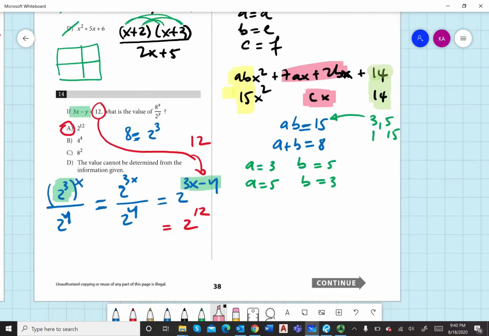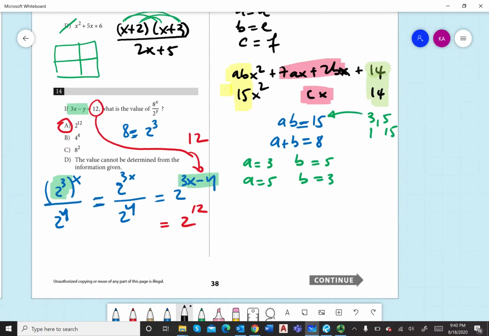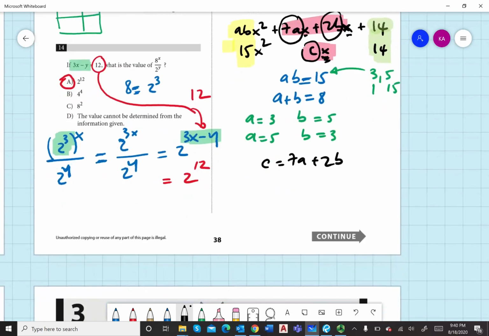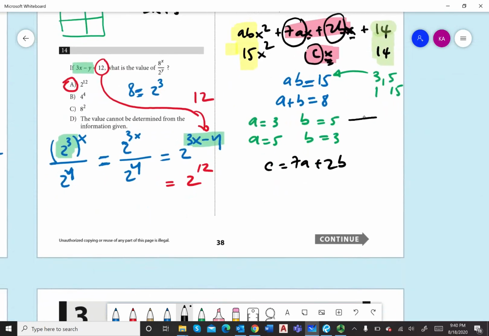In other terms, C is equal to 7A plus 2B, because I already have the X. So this plus this would have to be my C. Okay.